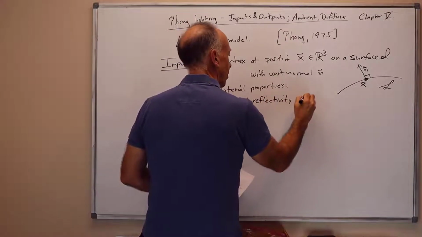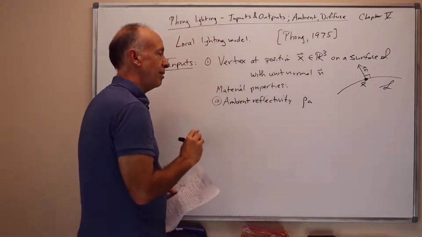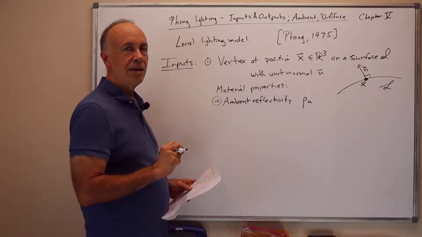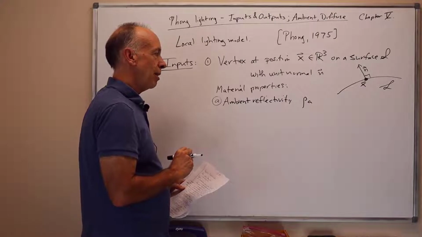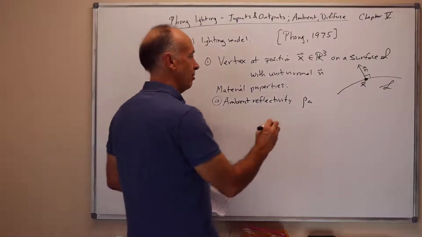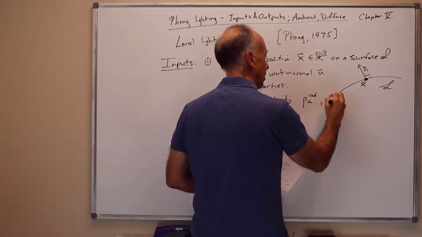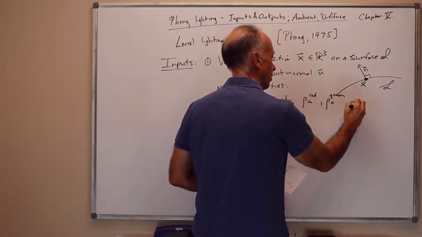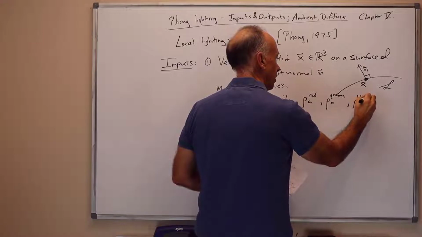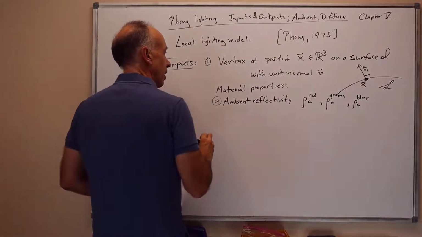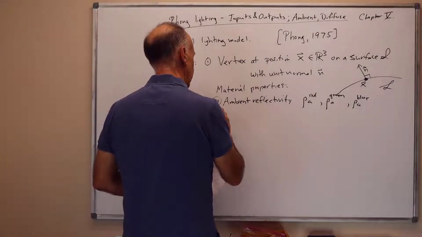We'll use the name rho sub A for this, but really it's a scalar, and it's the percentage of ambient light that's coming in that's reflected off the surface. But we'll have separate values for red, green, and blue. So it's really three numbers: rho A red, rho A green, rho A blue. And this is the Greek letter rho, and it controls reflectivity of ambient.